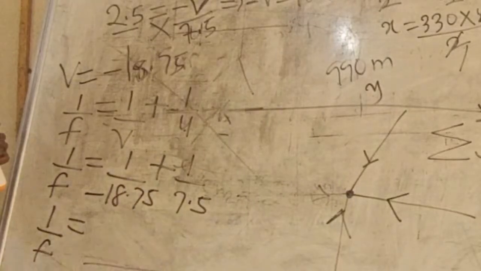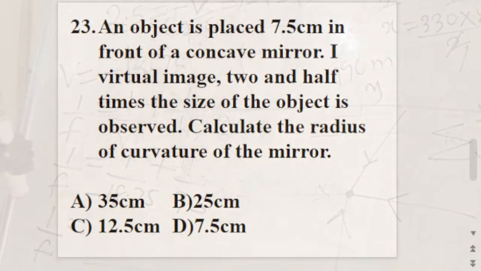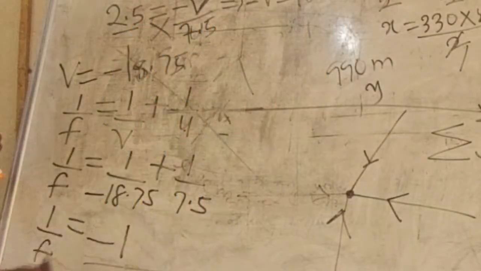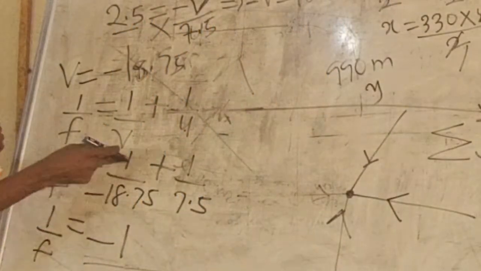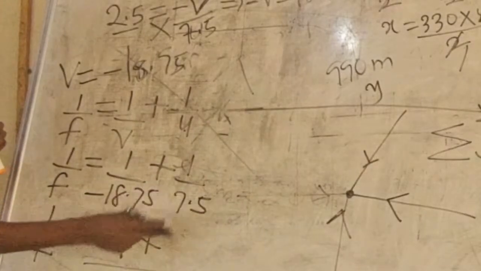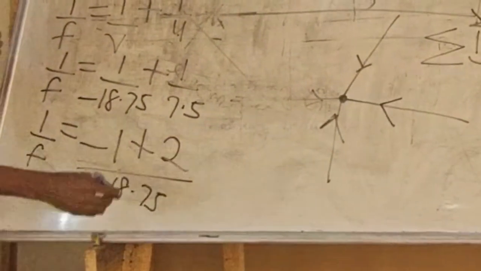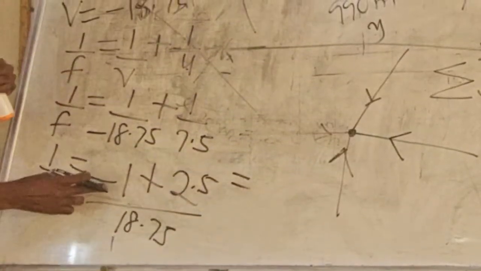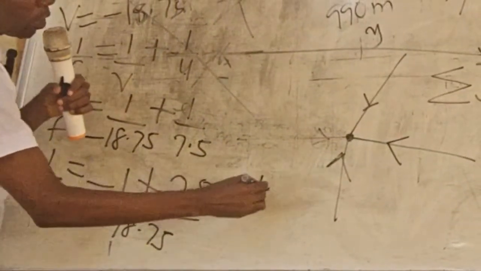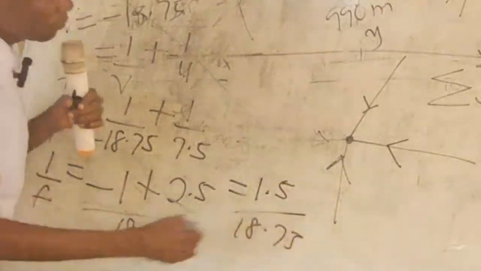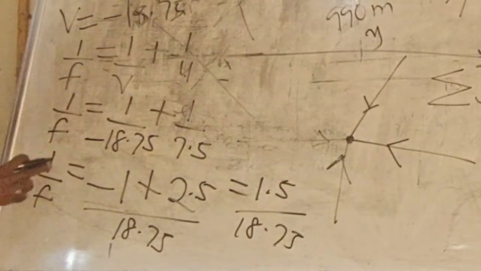The LCM can be 18.75. Minus 18.75 goes in 18.75, that will give us minus 1, because minus 1 times 1 will give us this. And then plus, how many times? The 7.5 goes here, it's 2.5. And by the time minus 1 plus this will give us 1.5 all over 18.75.